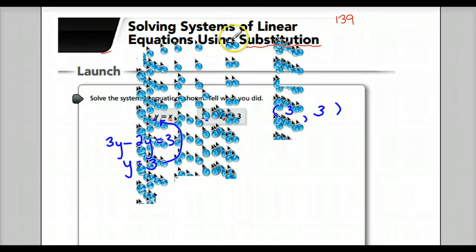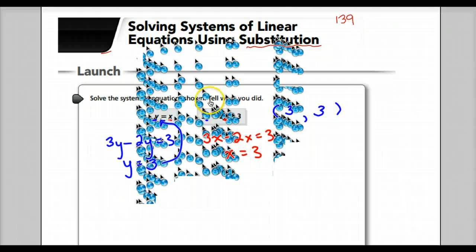And if we would have done it the opposite way, if we would have substituted x in for y right here, I'll do that in red, we would have gotten 3x minus 2x equals 3, and the same thing would have happened. X equals 3, and if x equals 3, then y equals 3. So both x and y equal 3.